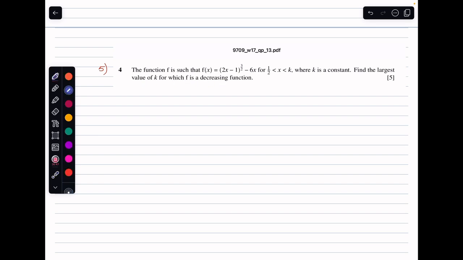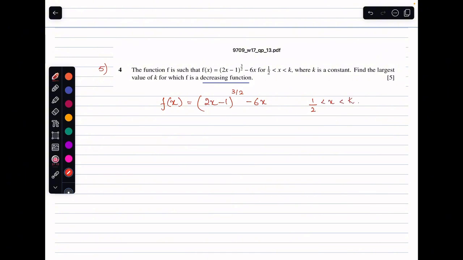So it's clear here that f needs to be a decreasing function, and for a decreasing function, we know that our gradient function, f prime x, needs to be less than 0. So let's start working on this question. They have given us f of x equals (2x minus 1) to the power 3 by 2 minus 6x, for 1 by 2 less than x less than k.